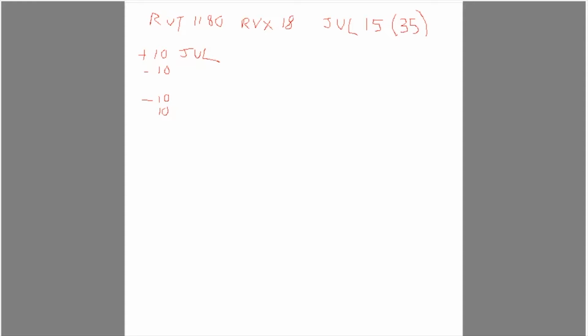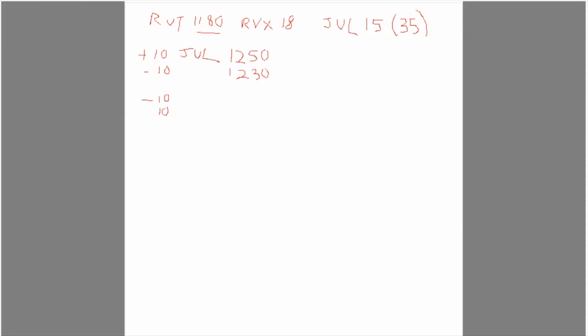That's it. So I'm buying 10 July 1250 calls and selling the 1230 calls. So a 20-wide credit spread. Again, this is where Russell is right now, so this is a real example.